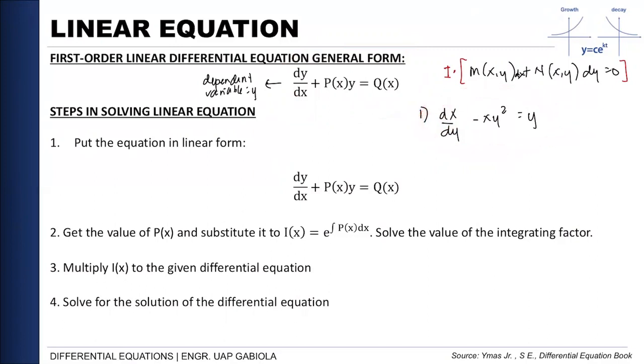So we can actually rewrite. So therefore, it is linear. We can see the first derivative of our dependent variable x, and the dependent variable here is also raised to 1. The y squared is actually our coefficient P of y, in terms of y. So we can say that it can be linear in x, our solution.